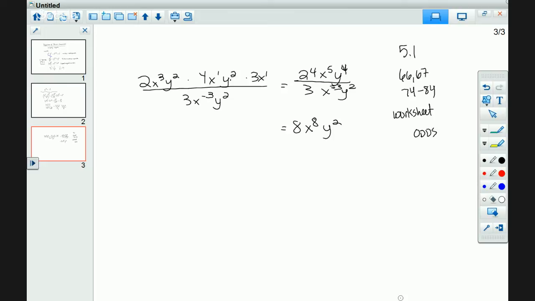In section 5.1, that's all I can tell you at this point. Give it a shot. Check it with you.